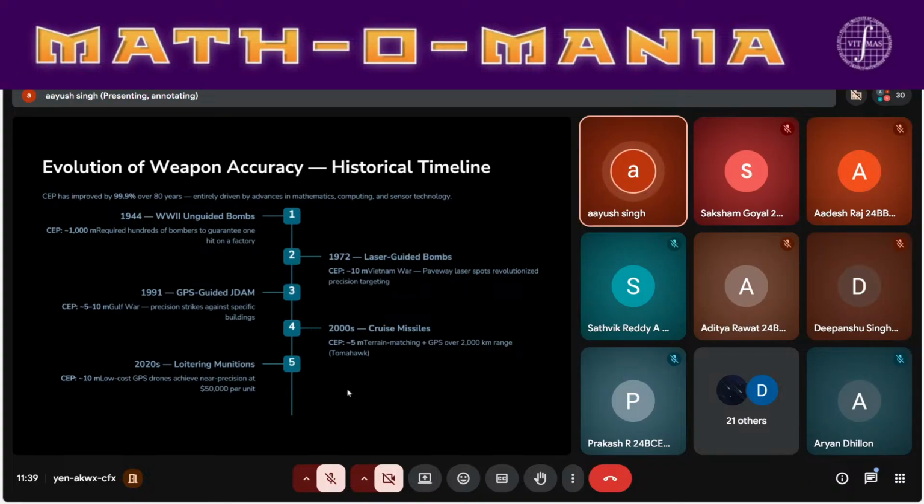For your information, Tomahawk was the missile that was used in the killing of the children in Iran in the current war by America, or Israel. We don't know. Now, during the 2020s, these missiles were the state of the art during these times. But in the present time, even low cost GPS drones have a precision of around 10 meters, like we have seen with Shahid drones.